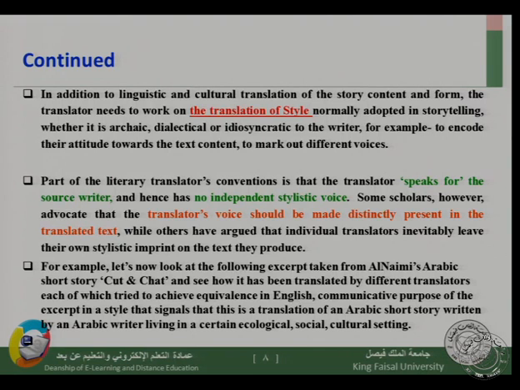When you are translating the snowman story, you need to think of the ecological, the social, the cultural setting.